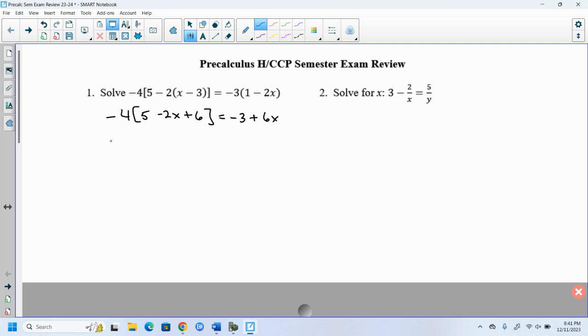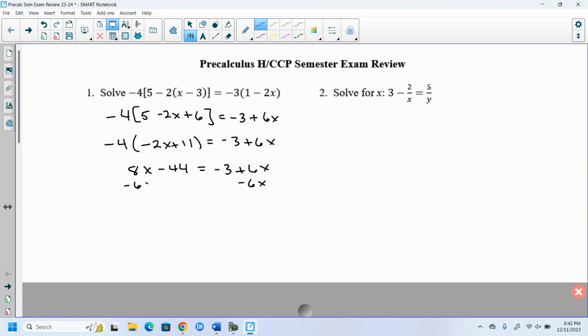I want to simplify inside first. I'm just going to make that a bracket instead of parentheses since I don't have those parentheses anymore. And that gives me -2x plus 11 equals -3 plus 6x. Distribute the -4. I get 8x minus 44 equals -3 plus 6x.